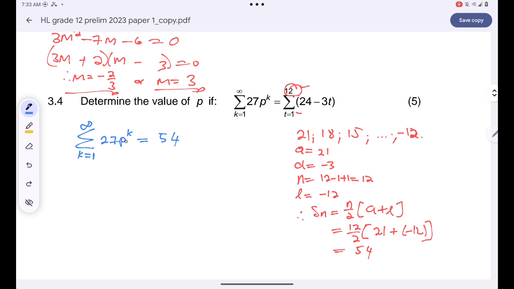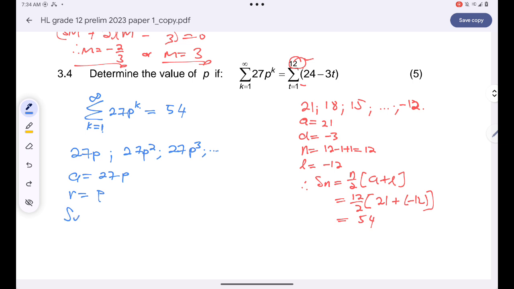By just substituting different values of k starting from 1. So the first term will simply be 27p. The second term will be 27p squared. Third term will be 27p cubed, etc. until infinity, such that the value of A is 27p, R is p, and my sum to infinity is equal to 54.